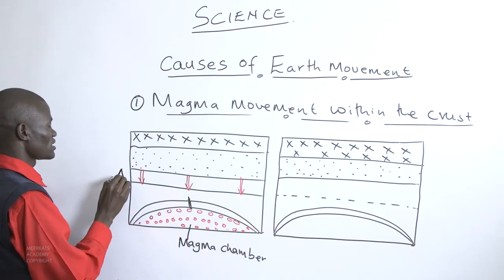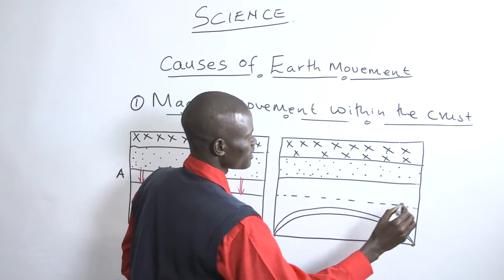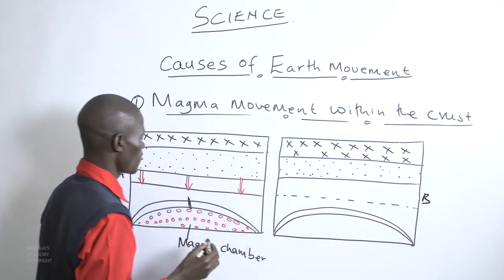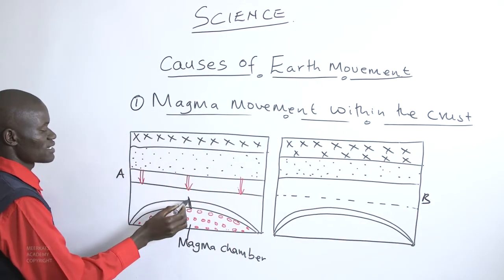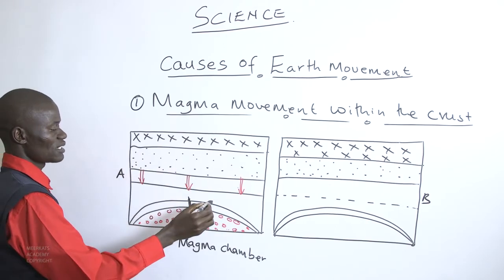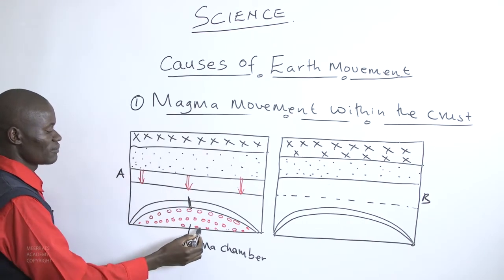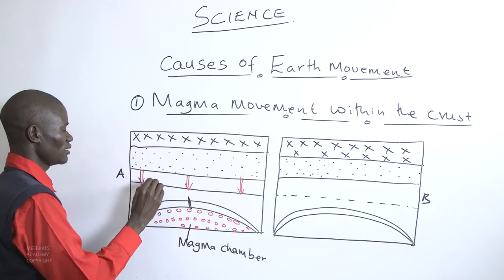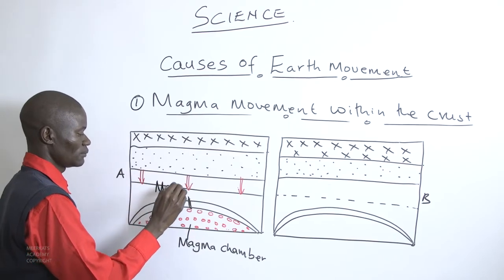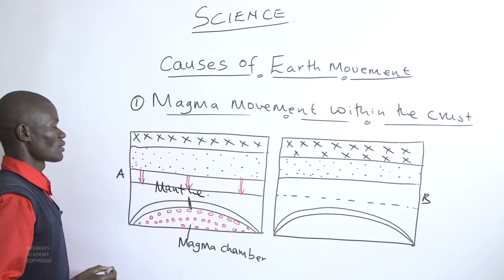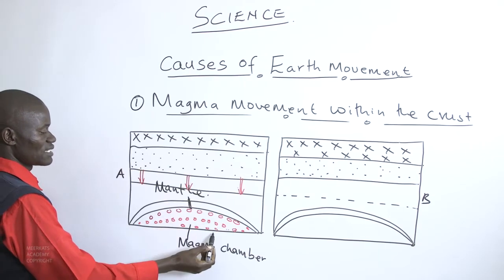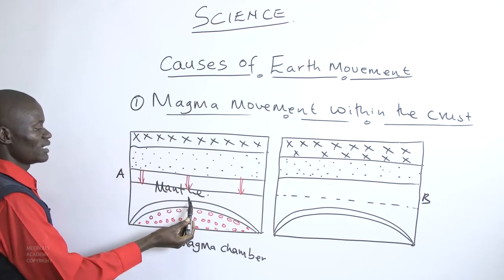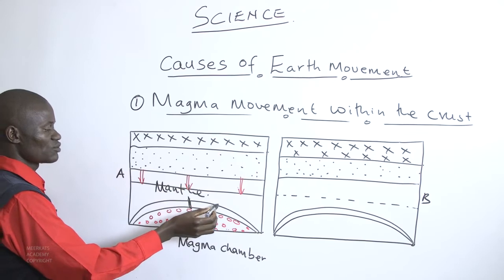Now, when you look at this diagram A, this will be diagram B. Some cracks have developed in the interior of the earth from the mantle. This is the magma chamber, and some cracks have just begun to develop.